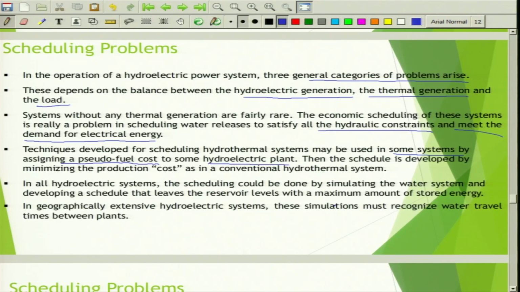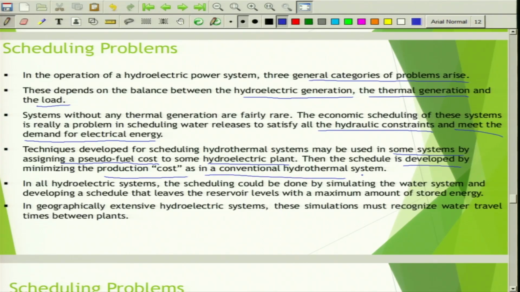So, what they do is they consider hydropower plant also has some fuel input, some fuel cost, though actually there is no fuel cost. Pseudo means it is false. So, then it is very easy for them. Now, this also has some fuel cost and thermal also has fuel cost. Now, you have economic dispatch. This is one way of approach. Then the schedule is developed by minimizing the production cost as in a conventional hydrothermal system.